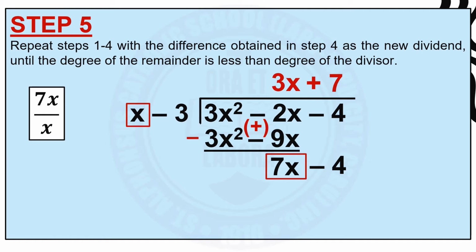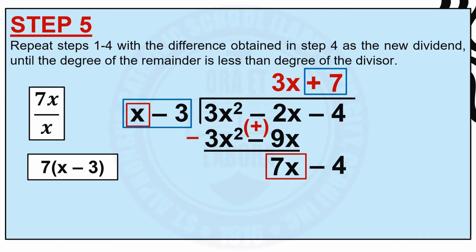So this becomes plus 7. Then 7 multiplied by x minus 3, apply the distributive property of multiplication. So 7 times x, so 7x. Then 7 times negative 3, so that is negative 21. So we have here 7x minus 21.